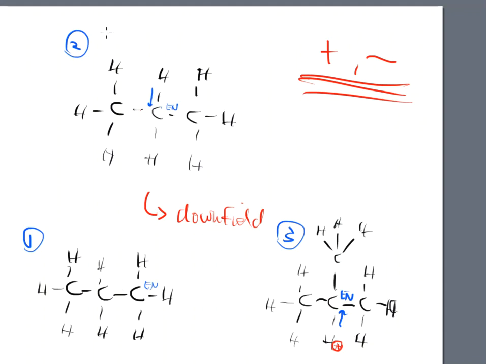All right, so now let's take a look at example number 2. With example number 2, this carbon is still electronegative. It's more electronegative than that particular hydrogen is. But the problem here is that there's hydrogens on both sides. We've got a hydrogen here and we have a hydrogen there. Basically, what that means is that hydrogen's brought a buddy to lunchtime.